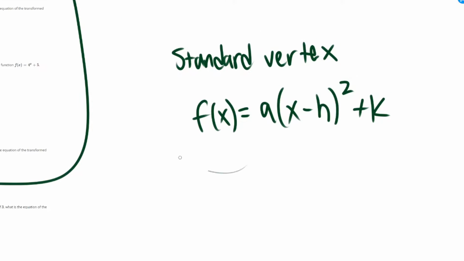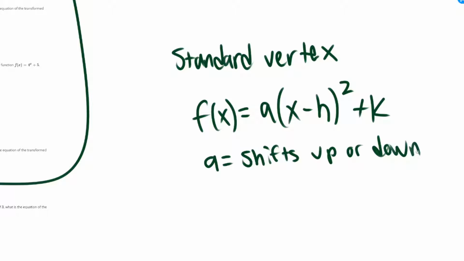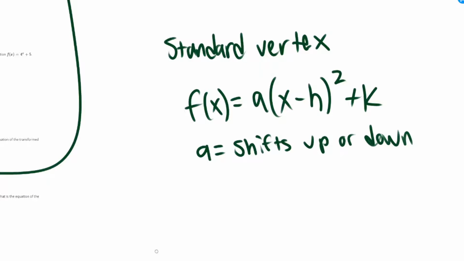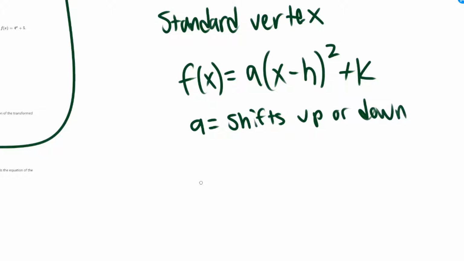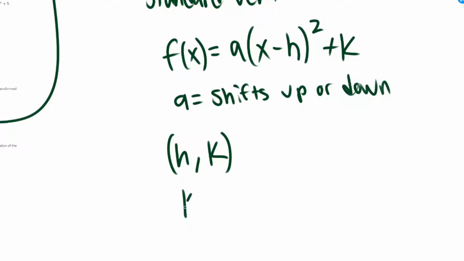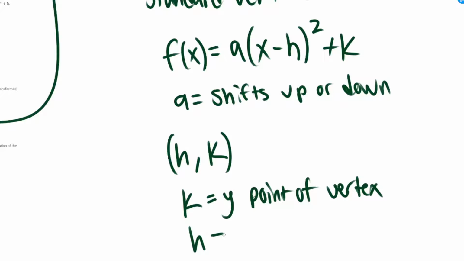And this is really useful because this a is going to tell us about whether it shifts up or down. The h and the k are going to be your vertex. So k is the y point of the vertex, and h is the x point.